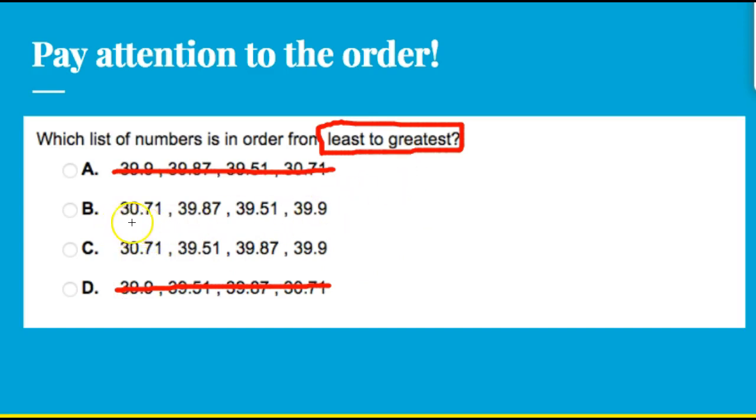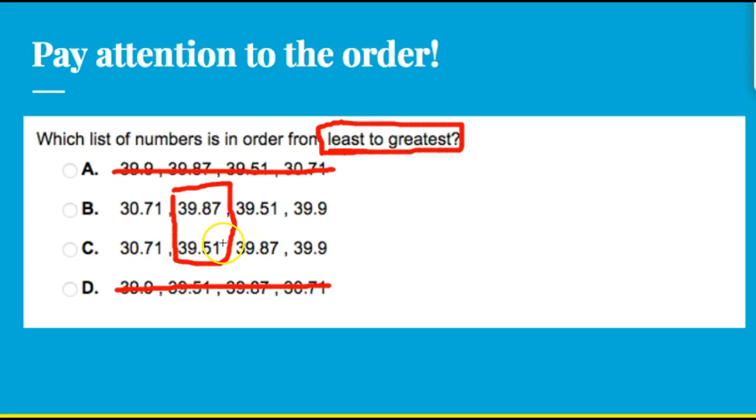Least to greatest. 30 and 71 hundredths, both of these have the same one. It's when we get into this second one that things get a little bit different. Notice at the end, they're the same as well, 39 and 9/10. It's these four right here where things get flip-flopped. So we have to ask ourselves, which one is the least? Because remember, that's where we're going in order, least. 39 and 87 hundredths, or 39 and 51 hundredths.